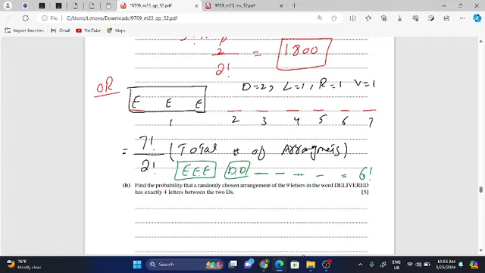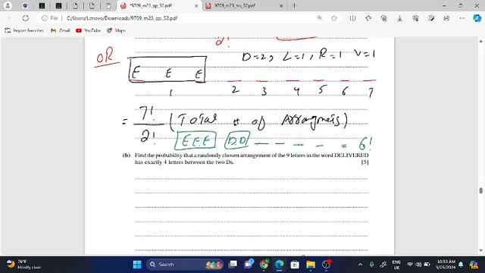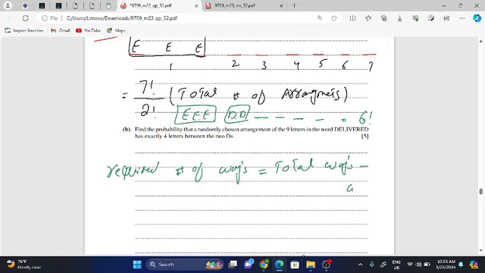Now I will take the total arrangements minus when two D's are adjacent together. So you can write the formula as: required number of ways is total ways minus when D's are together.